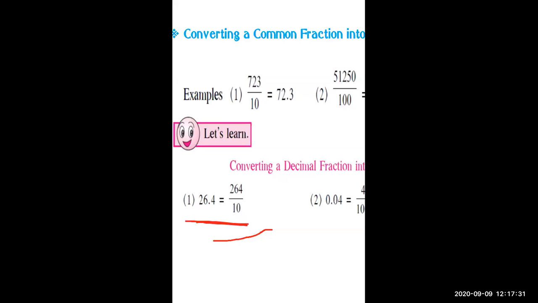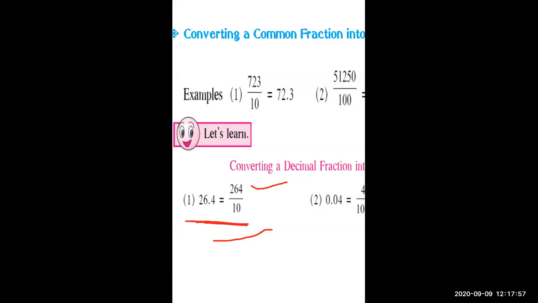So here what are you going to write? You are going to write the main answer without using the point. You will write 264 upon... Since the point is given before one digit, you have to write the denominator 10. If it is given before two digits, then you will write 100.